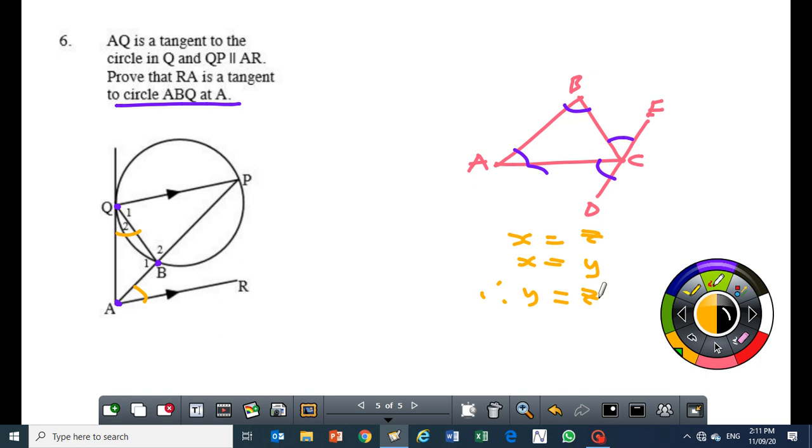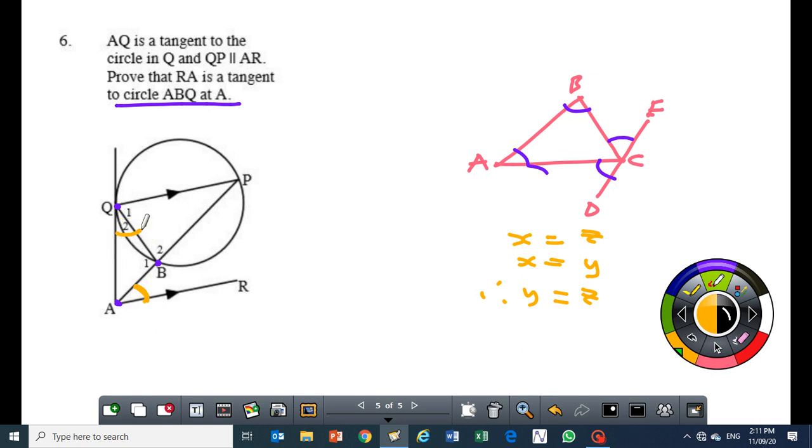So there's an angle which is going to be equal to both this one and that one, but this angle must be equal to something else, probably inside the circle. If I'm to prove that AR is a tangent, this angle must be equal to that. But how are they equal?